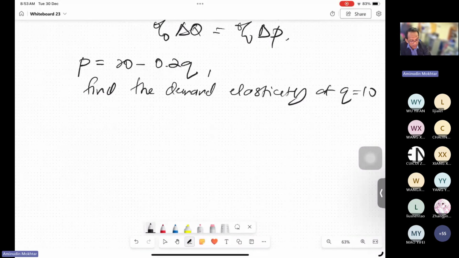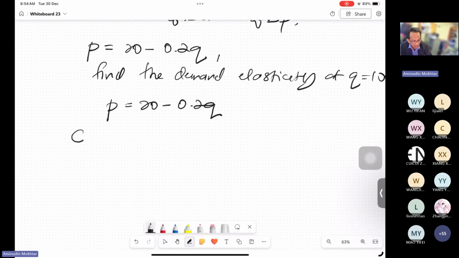So, given P equals 20 minus 0.2Q, to find the demand elasticity, what is the formula for demand elasticity?